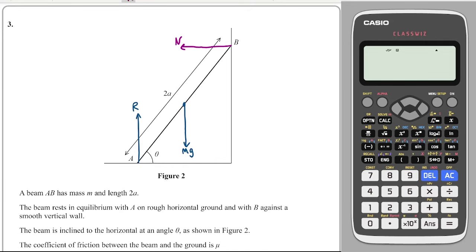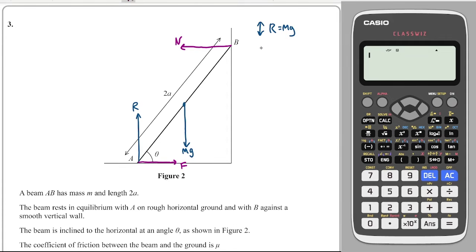And I also know that this ladder is wanting to slip down this way. So friction is stopping it from slipping down. So friction is going to be acting this way, keeping it in equilibrium, keeping it in place. So from these two bits of information, if I look at the verticals, I know they must be balanced, so R equals mg.